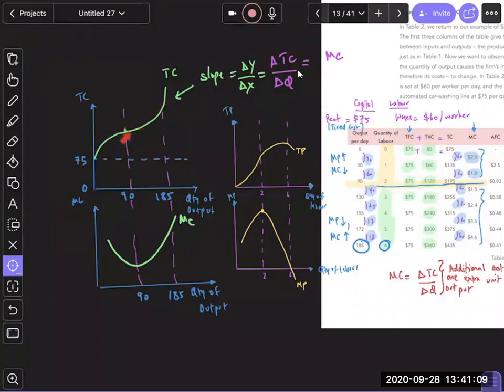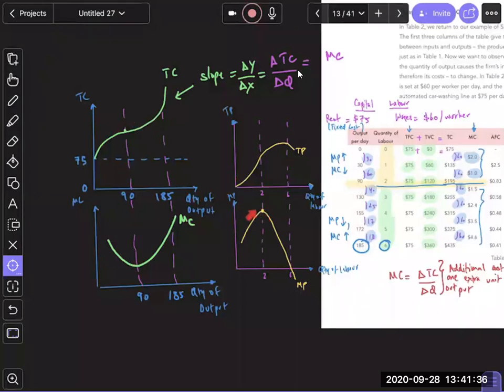Isn't that true, guys? So look at what is happening. When productivity is going up, MP is rising, workers are very productive, utilization of capital is really good, marginal cost is going down. Why? Because each additional worker is adding less and less to cost, right? Exactly, Haris. Total cost is cumulative as well.